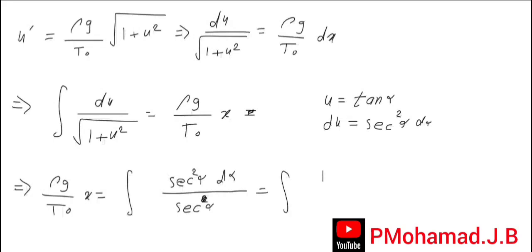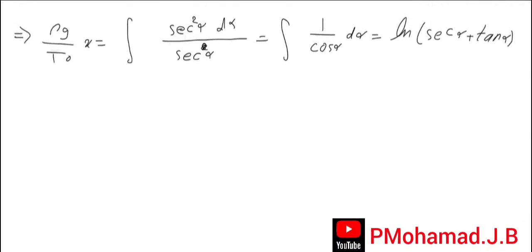This is the integral of secant alpha d alpha, which maybe you know by heart, that is ln of secant alpha plus tangent alpha.